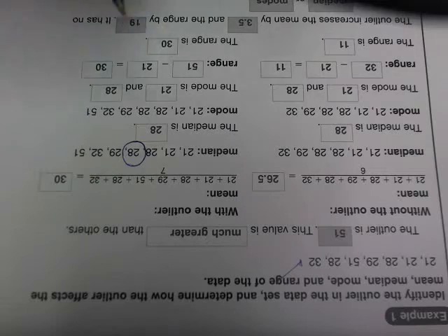So the modes here are 21, 2 of those, and 28, 2 of those. And then of course the range is what we get when we find the difference of the big and the small numbers. So I'm doing 51 minus 21, which is 30. So these numbers have a range of 30.